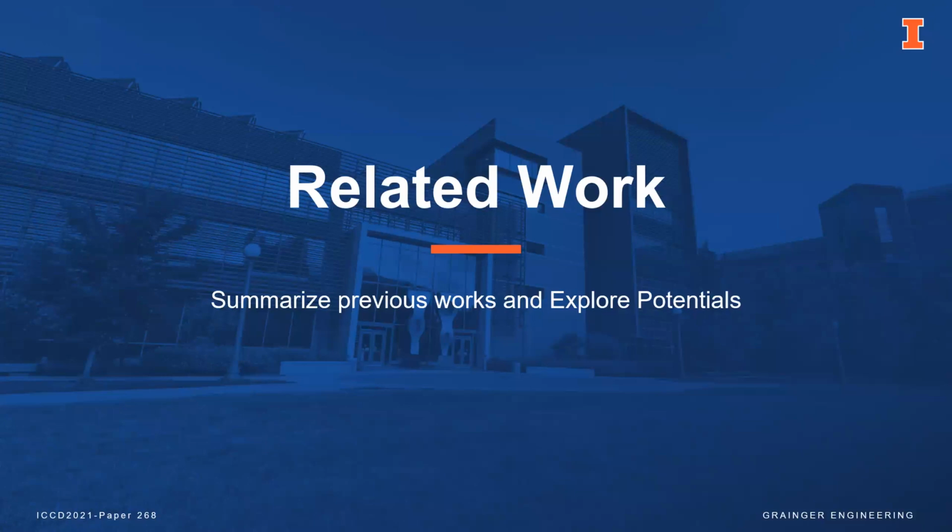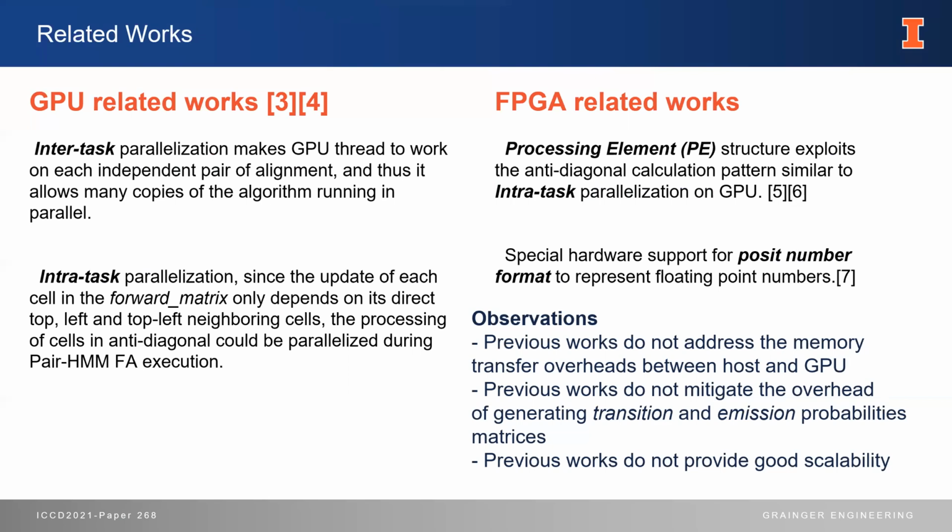In the next section, we cover section 3 in our paper. For GPU related works, we refer to paper references 3 and 4, and the FPGA related works are references 5, 6, and 7. For previous GPU work, there are two separate methodologies proposed, implemented separately.